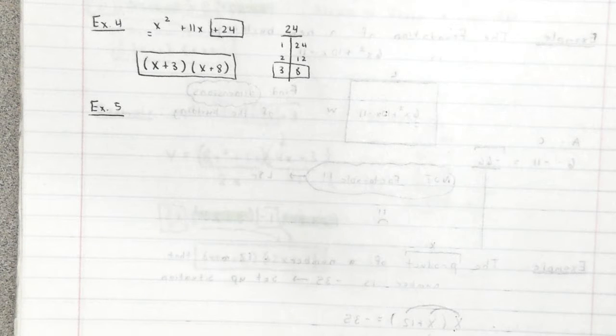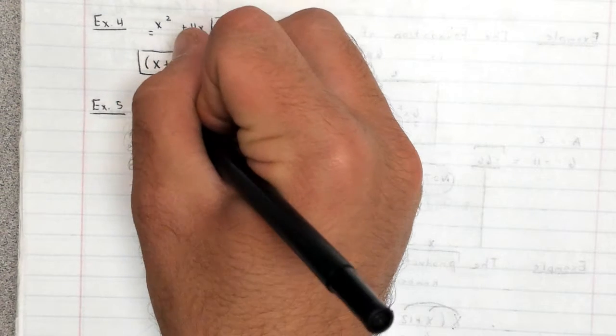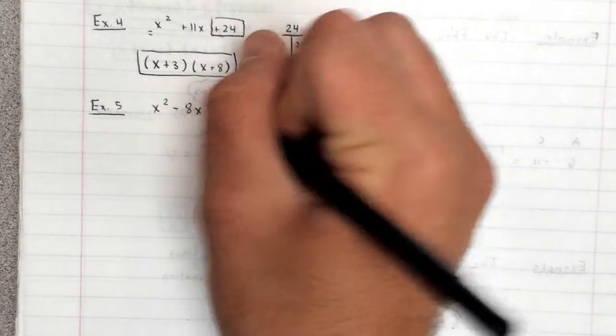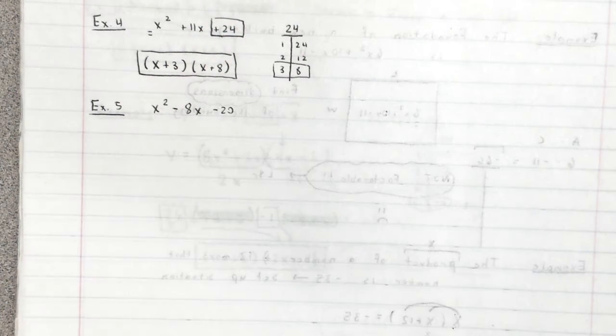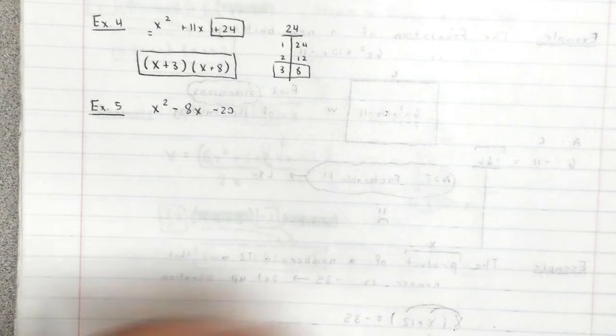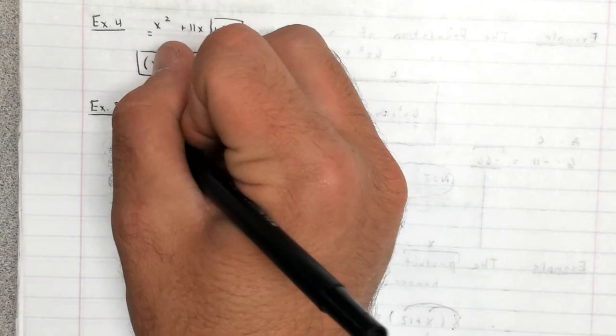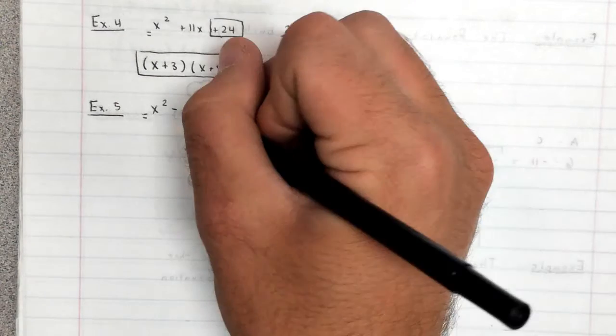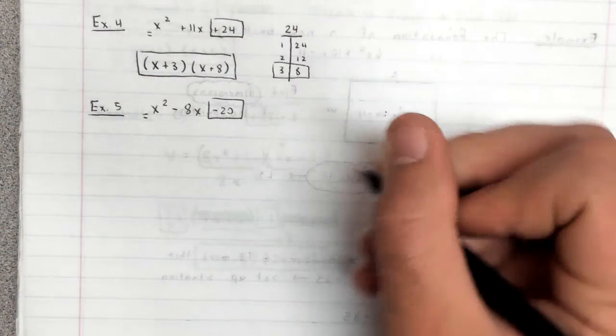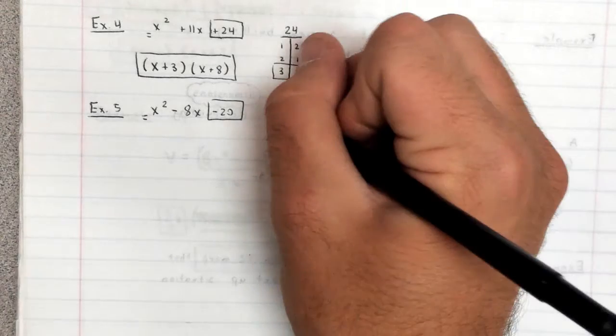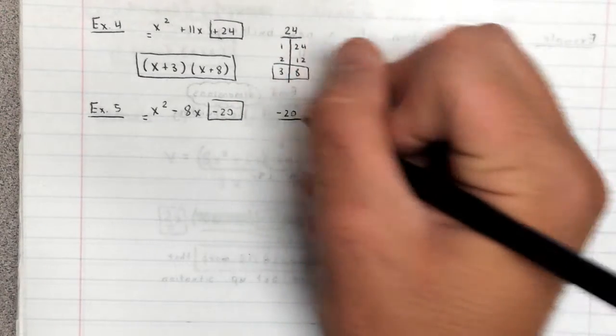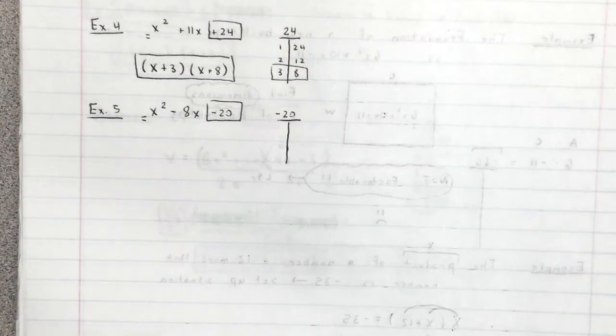Let's go x squared minus 8x minus 20. Alright, cool. Still no a value. So I can still factor like I normally have been with the fast way. I have to look at negative 20 now and see the factors of negative 20 that would combine to give a negative 8.